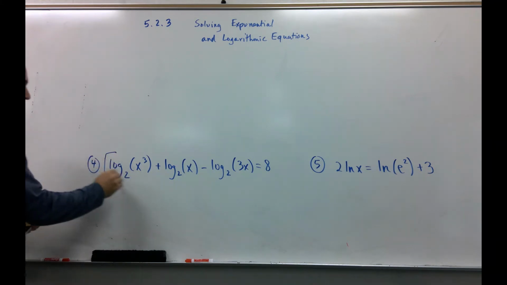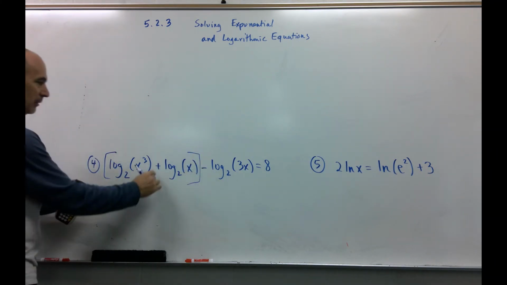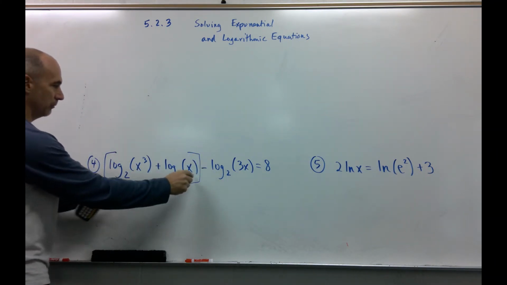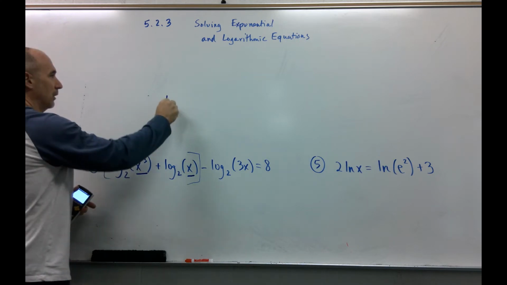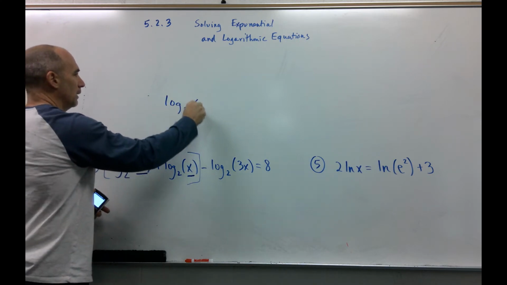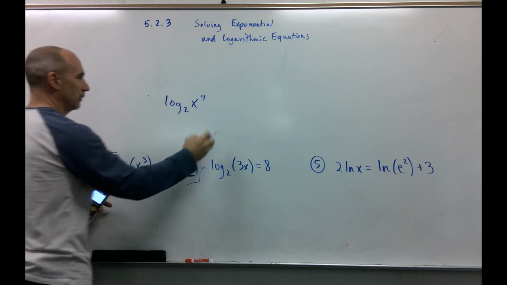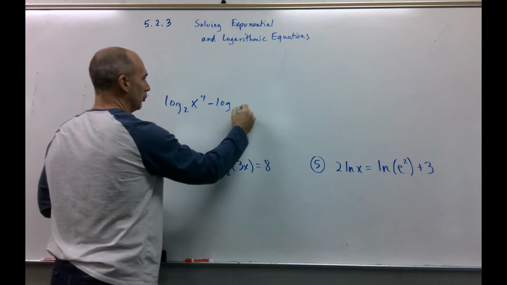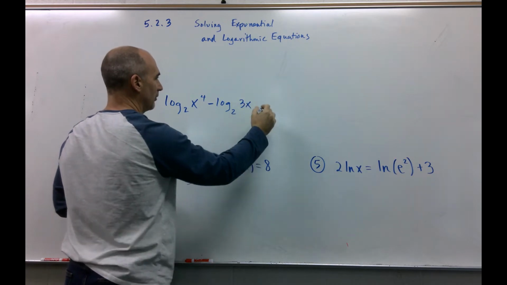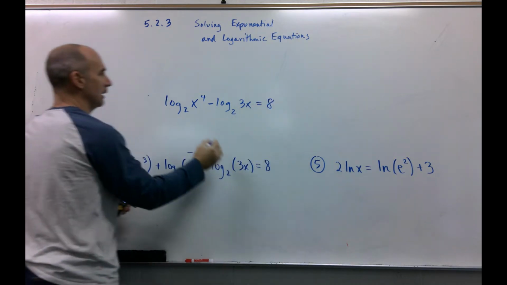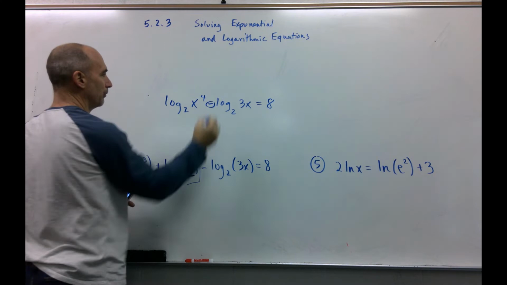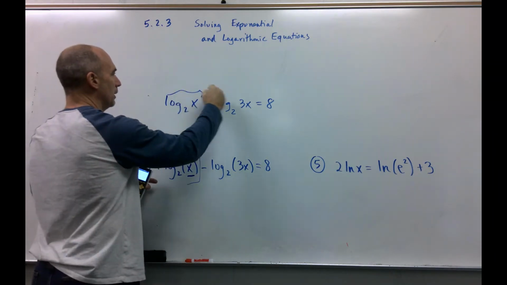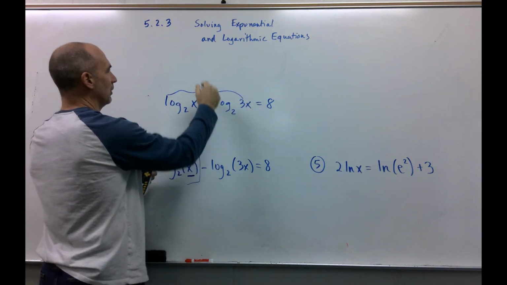So we're going to take a look at this first. The 2 shall become 1 by multiplication. So I get log base 2 x to the 4th power minus log base 2 3x equals 8. Now again, I'm going to use the rule. The 2 shall become 1. Subtraction means division.